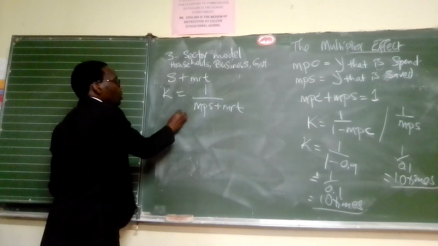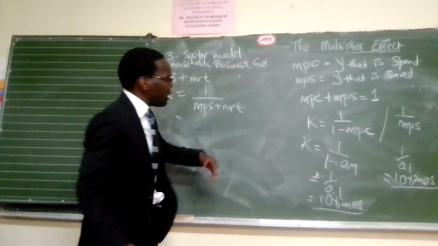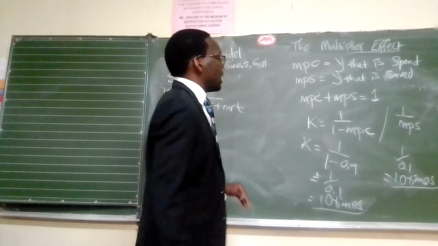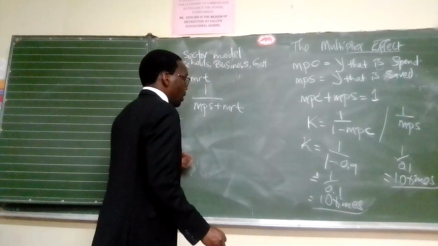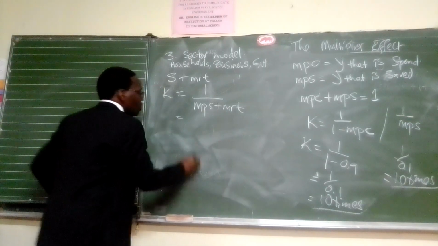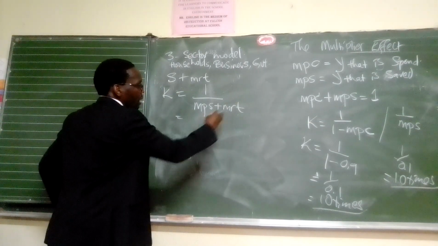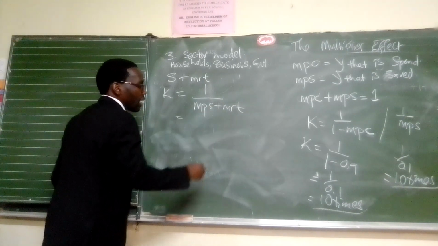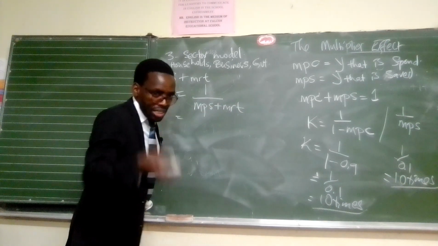Let's probably put some figures to it. We were working with MPS as 0.1. So it would now mean that MPS is 0.1, MRT probably we'll put it at 0.2.